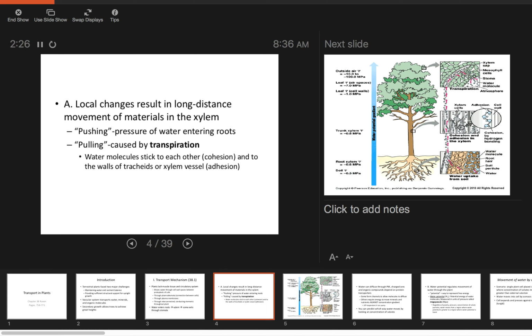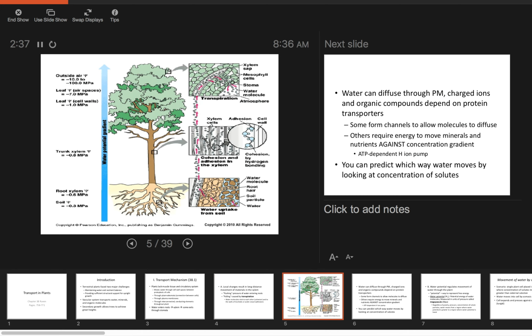Transpiration means just the loss of water vapor through the stomata. As one water molecule leaves the stomata, it pulls the next one into its previous place. I think I have a diagram that shows this. So here's transpiration, and these are supposed to represent water molecules. First we have to talk about pushing water into the roots by changing ion concentrations, because water tends to move from high water concentrations to low water concentrations, so it's got to be pushed into the roots.